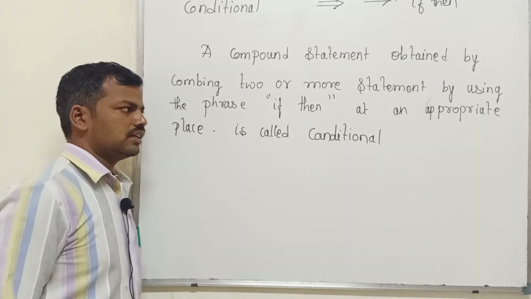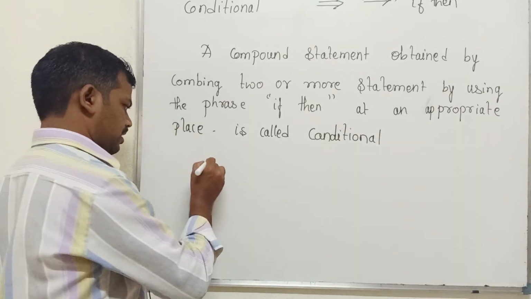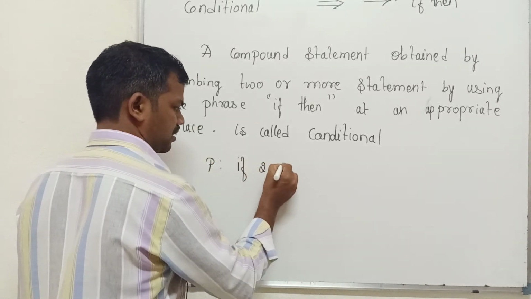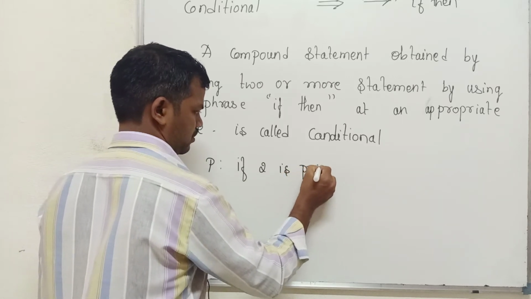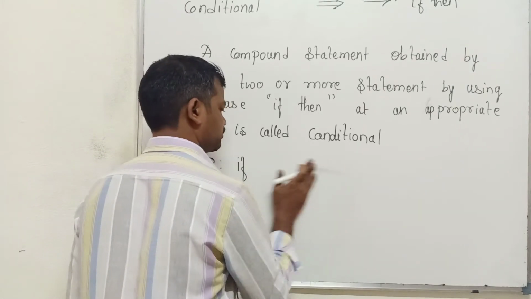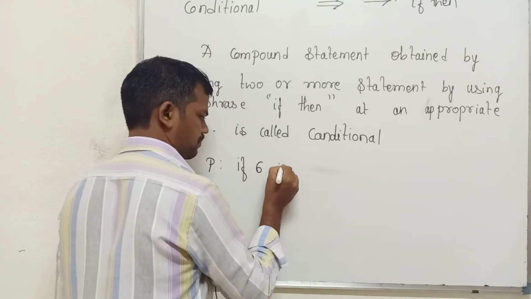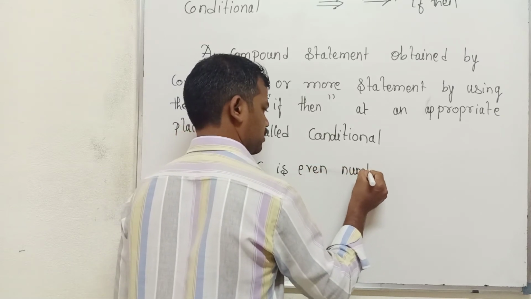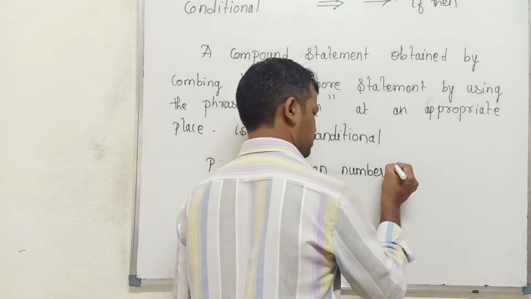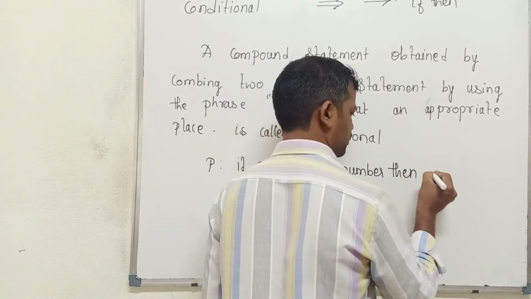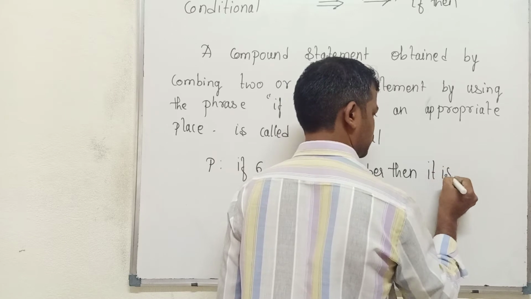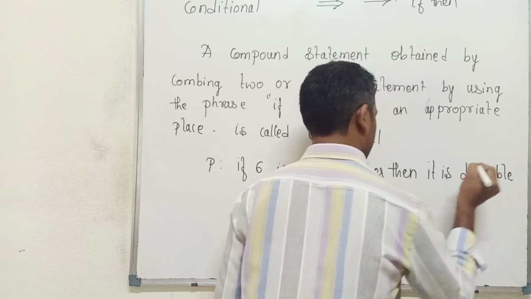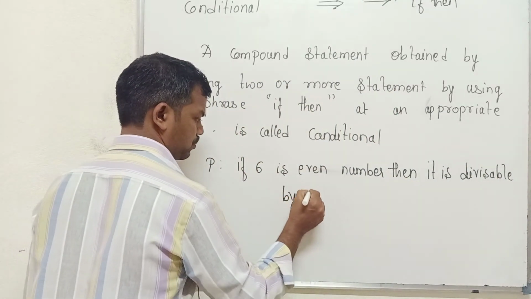What do we call that? Conditional statement. So let's take one example. P is a compound statement: if 6 is an even number, then it is divisible by 2.